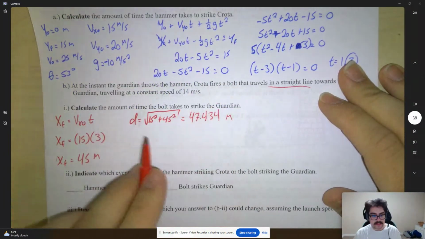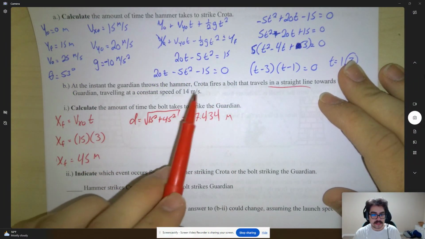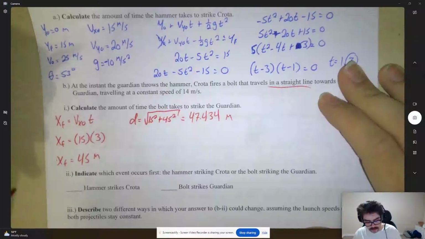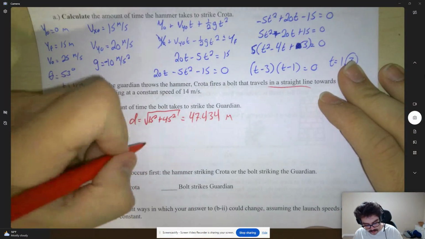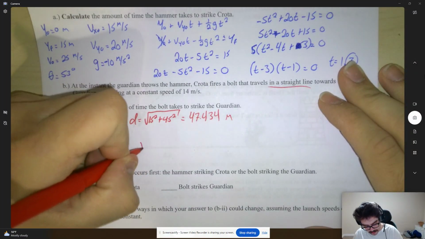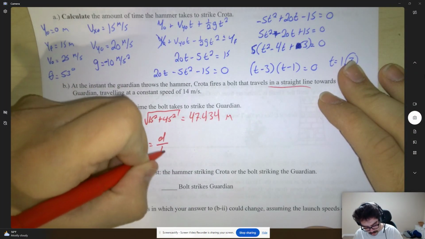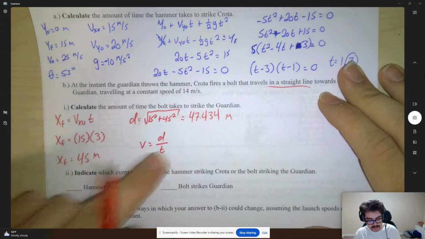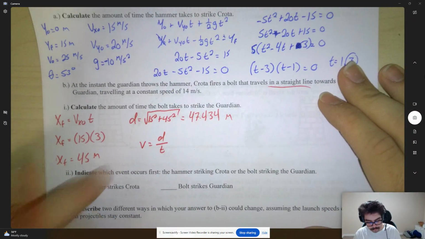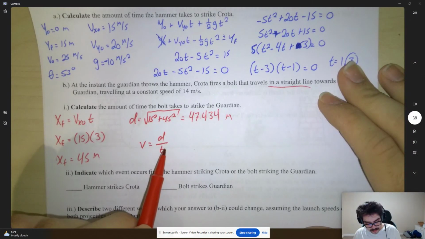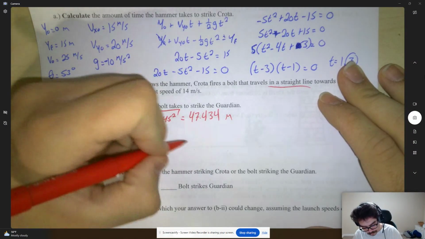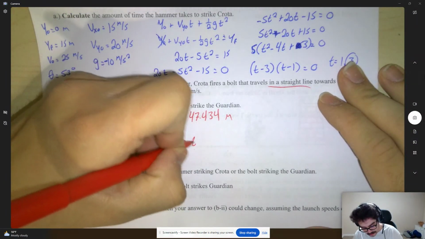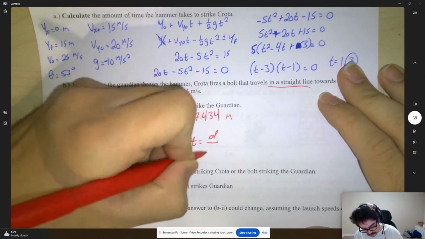Meters. That's the distance. You would then need to take the speed. If the speed is distance over time, I can get time by itself by flipping and multiplying distance on both sides. So it should be t is equal to d over v.